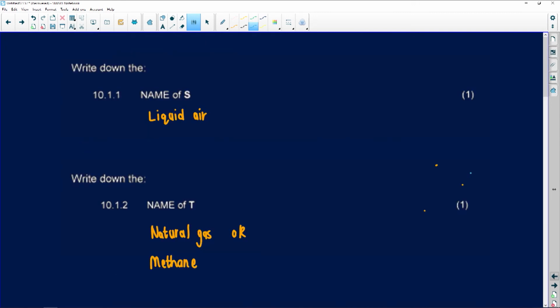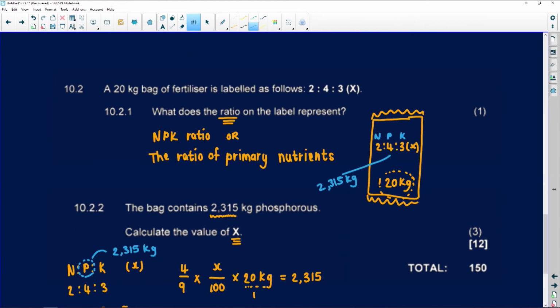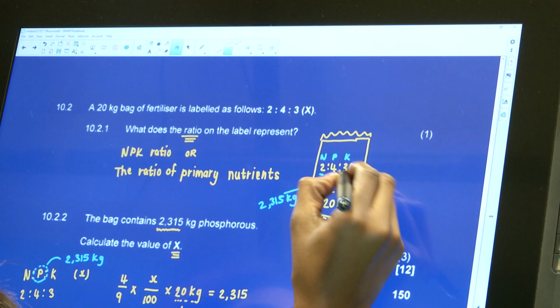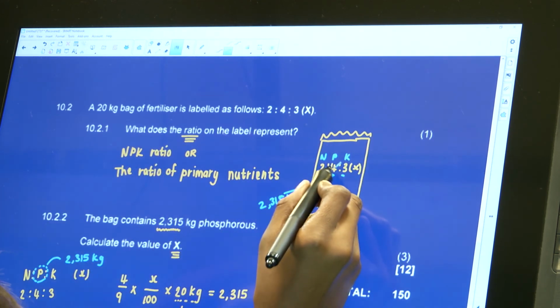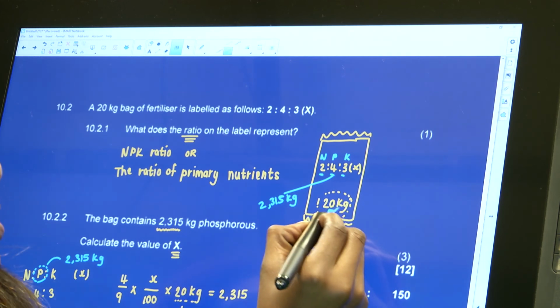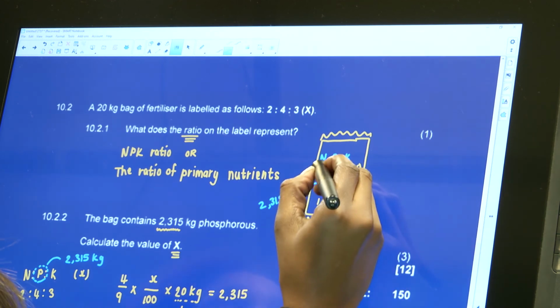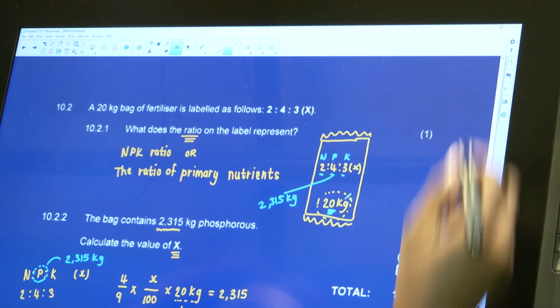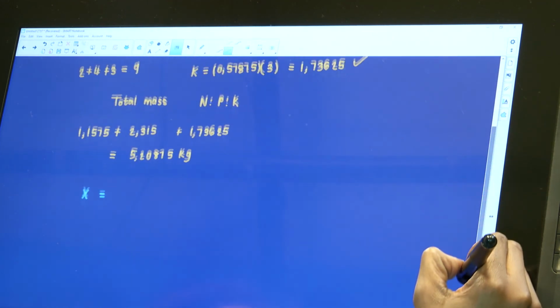Remember, now that we found the value of each and every one, I'm still looking for X, but all of these values of fertilizer are in a 20 kilogram bag. So I must still find out, already I found the grams of them one by one, but how much of this is in a 20 kilogram bag? That's the only way I'm actually going to find my X.